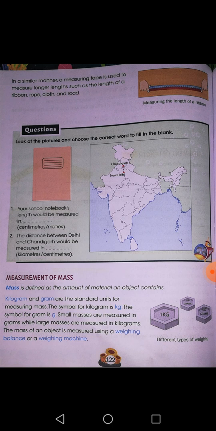For measurement of mass we have two units, kilogram and gram. The symbol of kilogram is kg, while that of gram is g. For smaller masses, lighter objects, we express them in gram, while for heavier objects we use kilogram. To measure mass we use machines like the weighing balance or weighing machine.